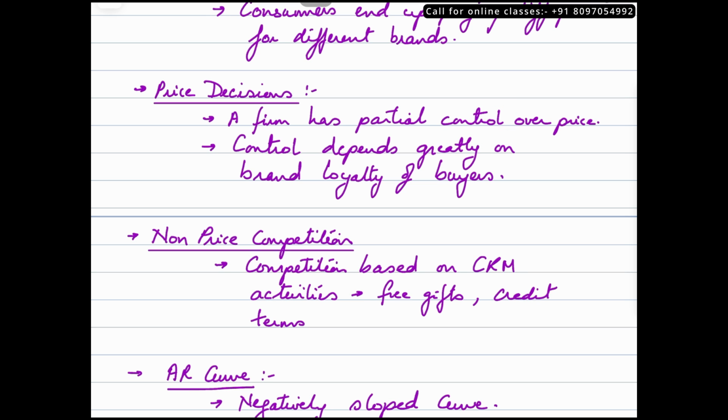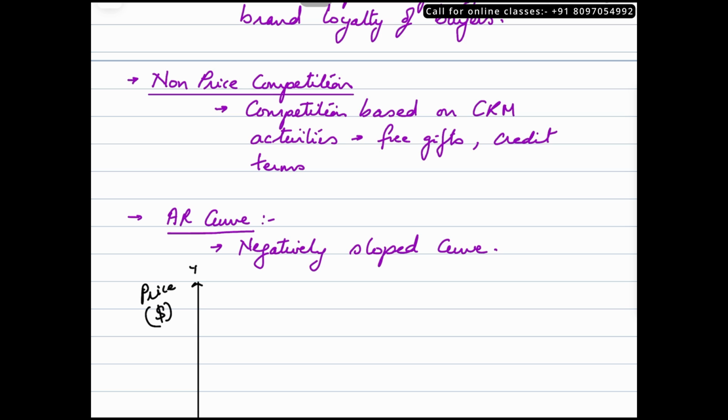The firms in monopolistically competitive markets would also engage in non-price competition. That is, their competition would be based on other elements such as CRM activities, which are called customer relationship management. For example, you could give them free gifts, you could ease the credit terms for them, so on and so forth. Finally, the AR curve.